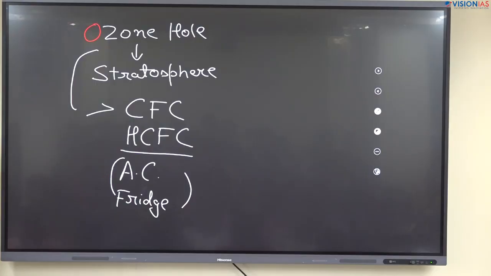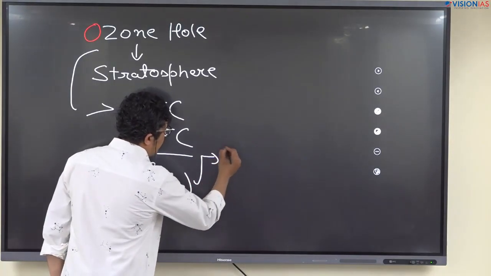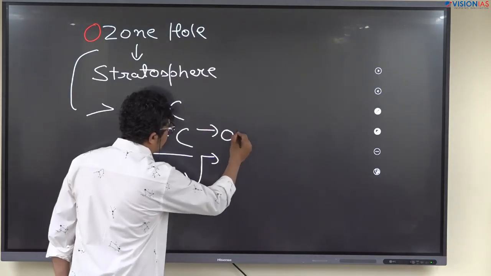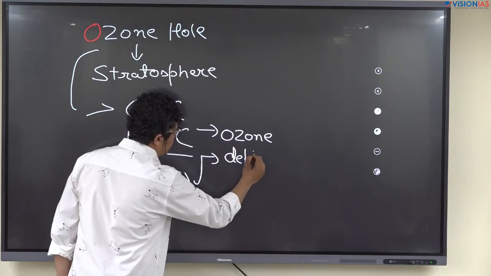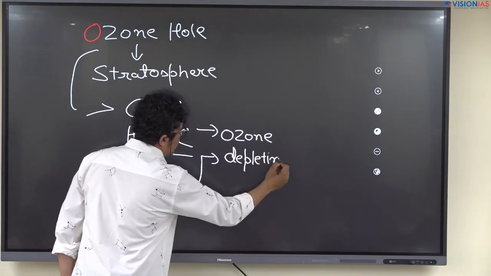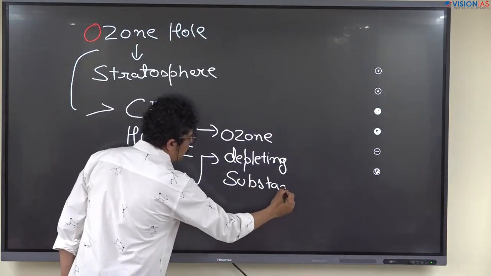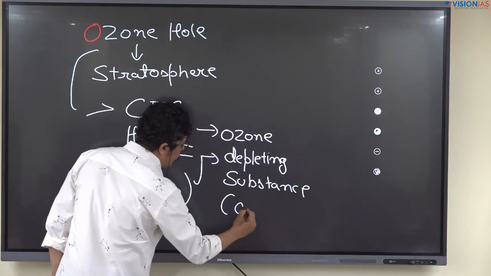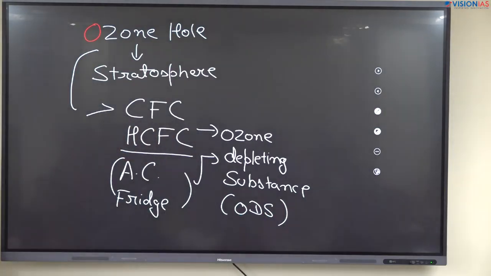This is where they are used. In short, you call them ODS, ozone depleting substances. That means they can cause damage to ozone layer.